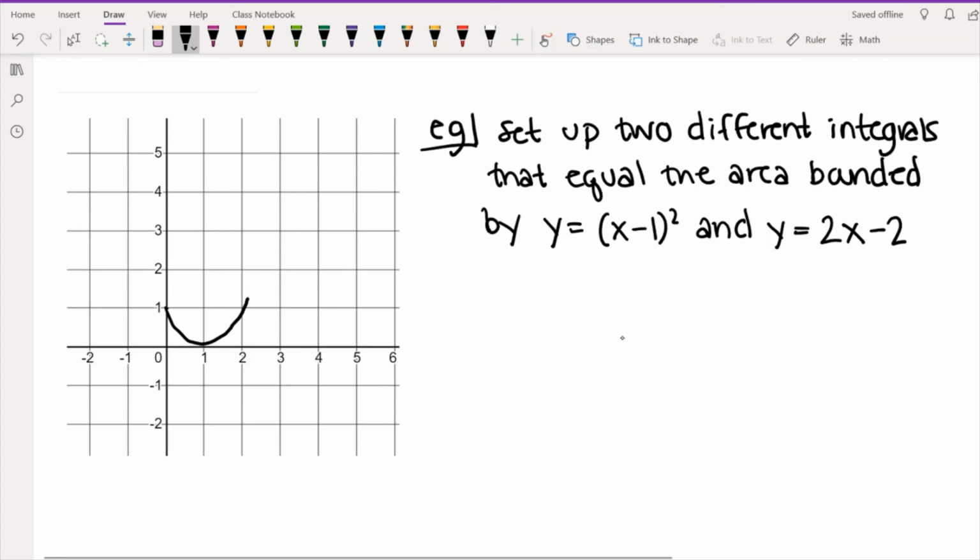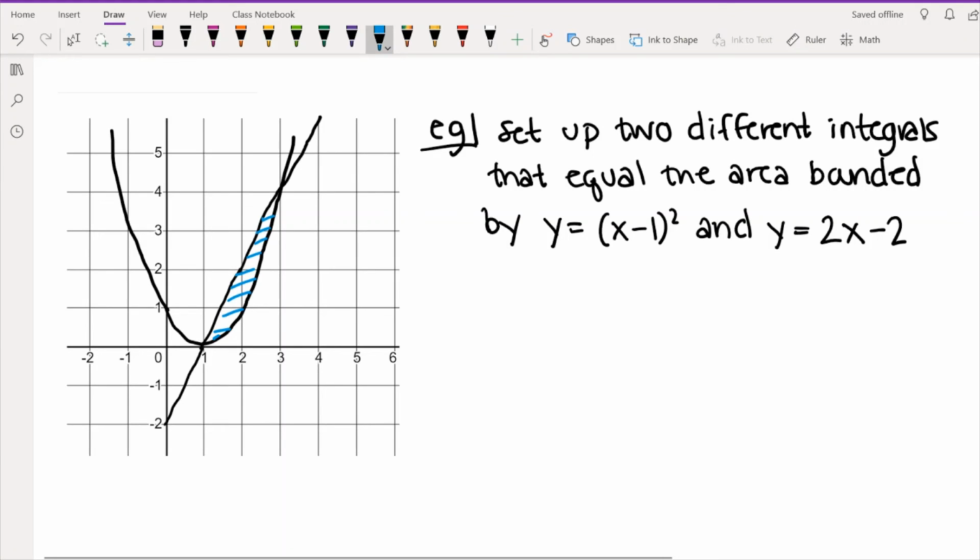So it's going to look like this. And then y is equal to 2x minus 2, so that's going to be a line with a y-intercept of, sorry, negative 2 and a slope of 2. So it's going to look something like this. And so the area we're talking about is this area here.